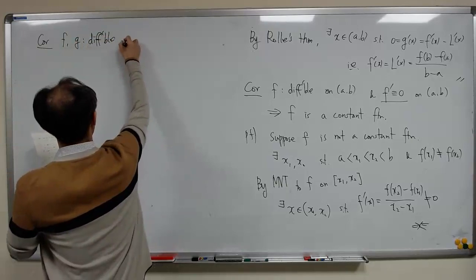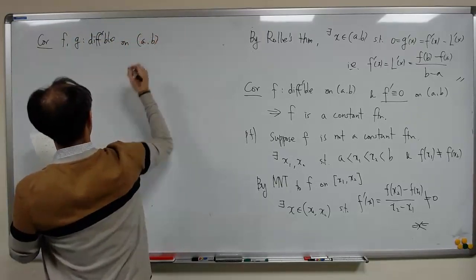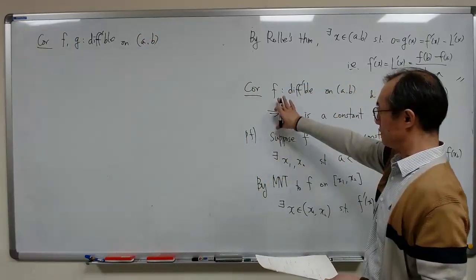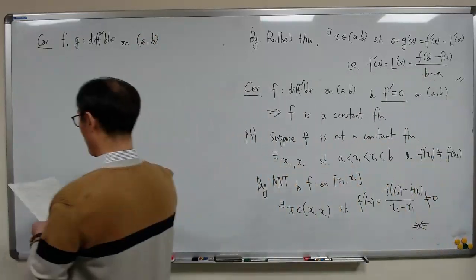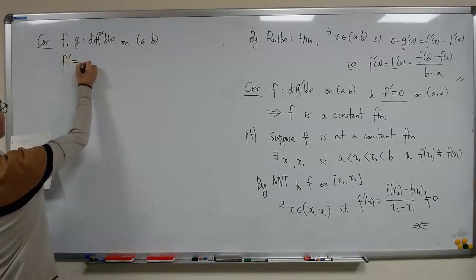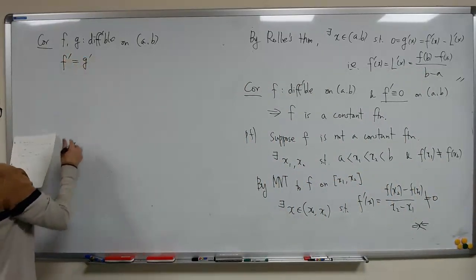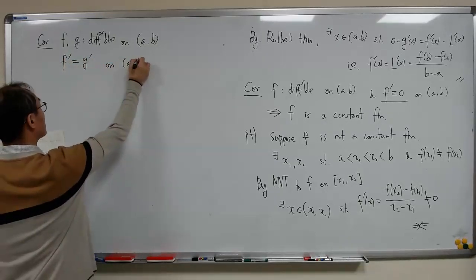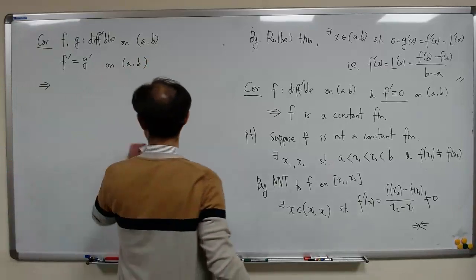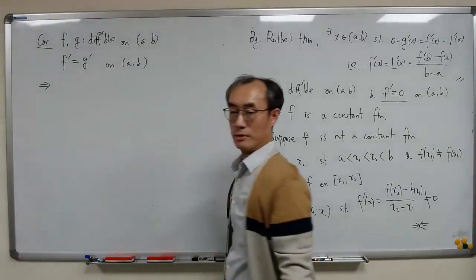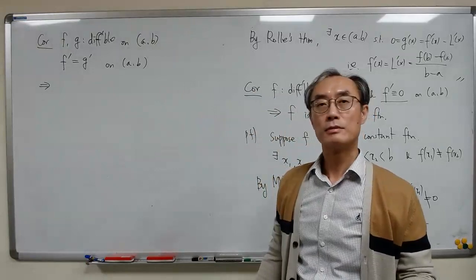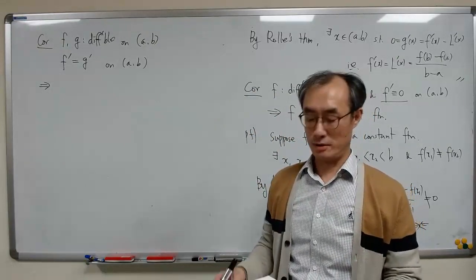Another straightforward consequence of this mean value theorem, or actually a corollary to this property: if you have two differentiable functions and their derivatives agree, then, if two functions have the same derivative, are they the same? No, they have a constant difference.